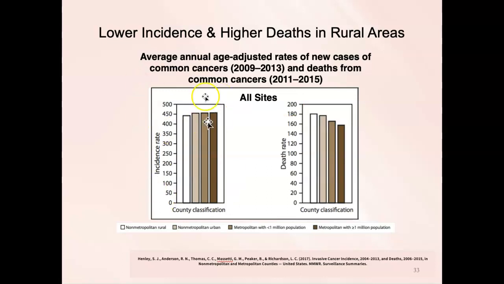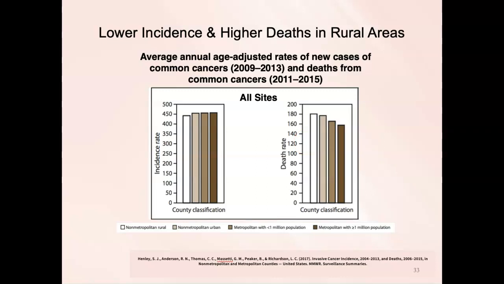In this part of the figure here, this is the incidence rate. So what we see is that the more rural areas actually have lower incidence rates compared to some of these more urban areas. However, the death rates in these rural areas actually tend to be much higher than the urban areas.